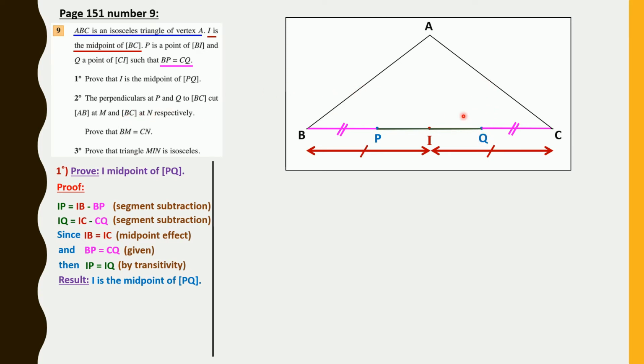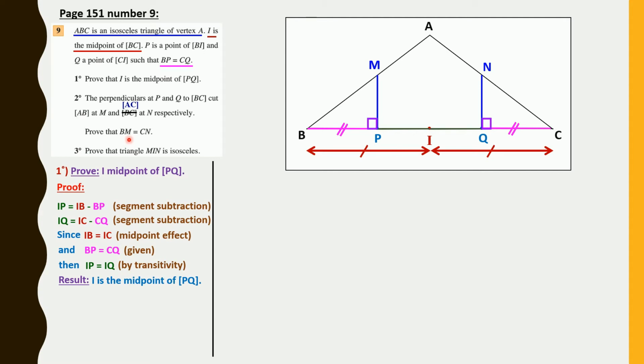The perpendicular to BC will cut AC at point N, respectively. So let's draw the perpendicular to BC at P. It will cut AB at point M, and the perpendicular to BC at Q will cut AC at point N.